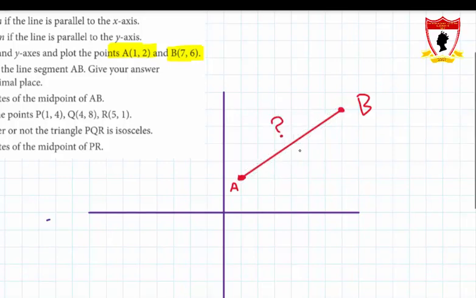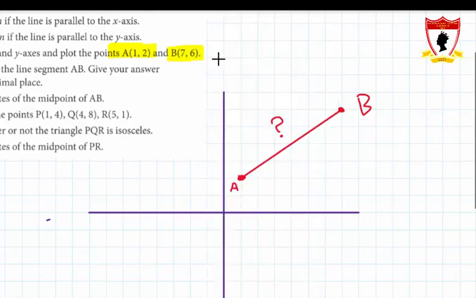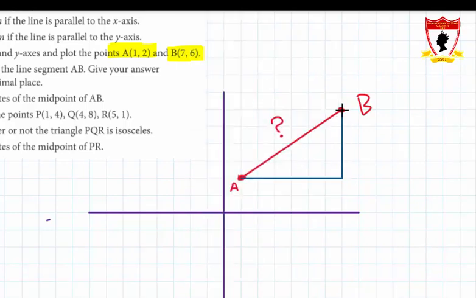How can we find this? Here is an easy way. We're going to use Pythagoras' rule. Pythagoras helps us to find the length of any line between 2 points. Why do we use Pythagoras' rule? We use it because we have a 90-degree angle here, so we have a right-angled triangle.